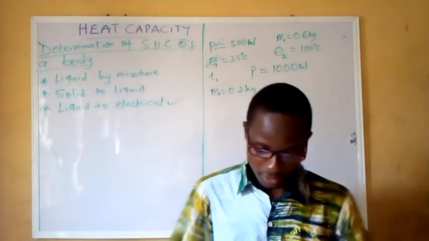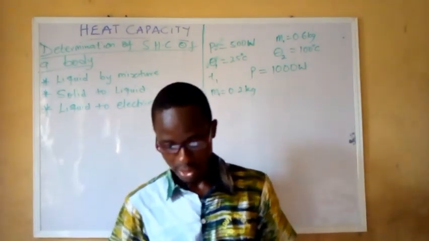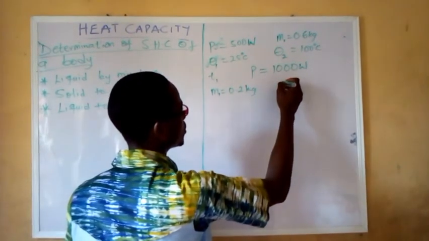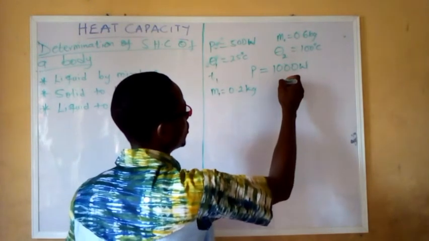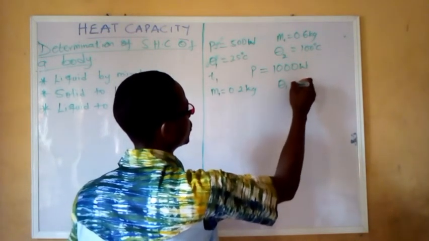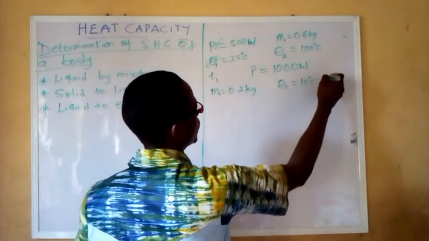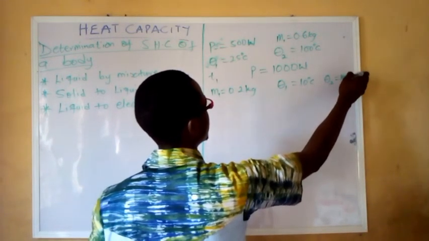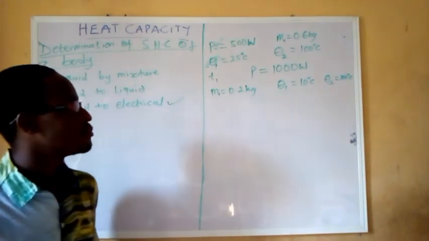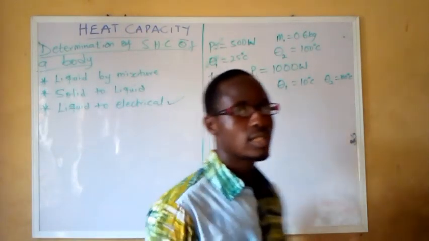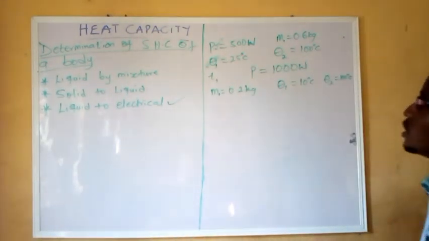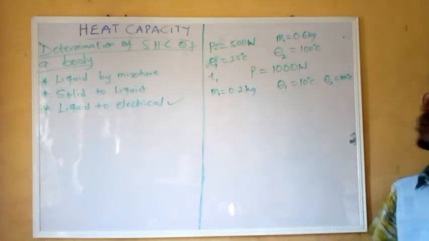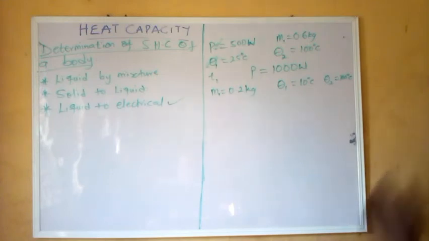Now from 10 degrees Celsius to 100 degrees Celsius: the initial temperature for that is 10 degrees Celsius, and the second temperature is 100 degrees Celsius. I can see that the only things different are the masses and the initial temperature of the water. One is colder than the other, so it's the time ratio.